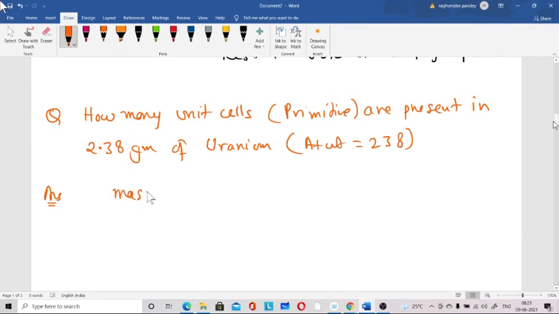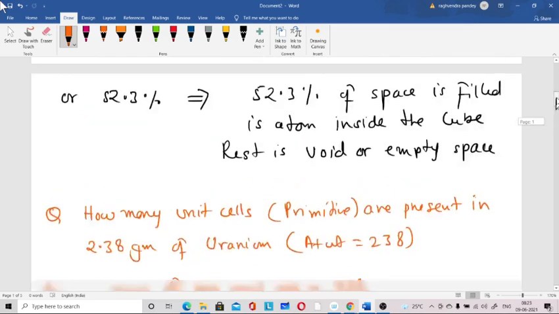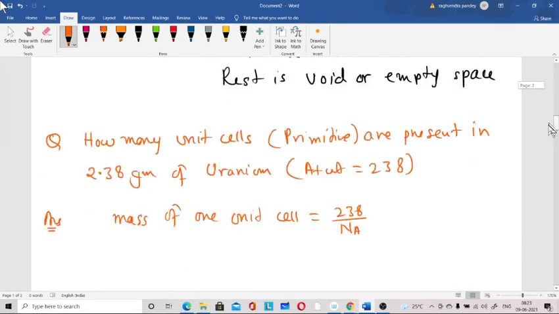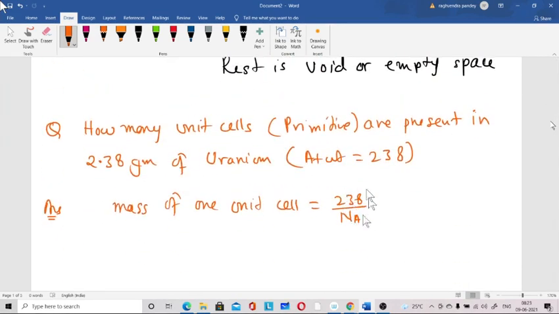Mass of one unit cell is equal to 238 by Na. It's always like this. Earlier it was 40 gram by Na because it was calcium. Here it is uranium, so it is 238 by Na. So that's the mass of one unit cell.